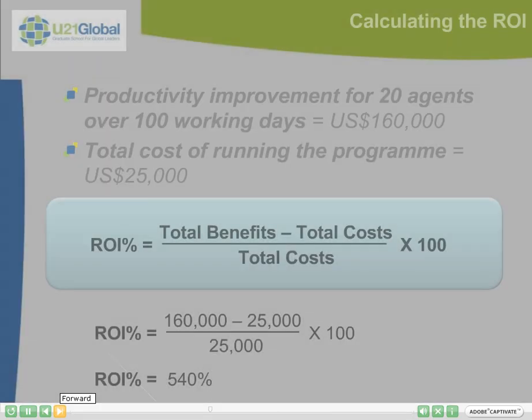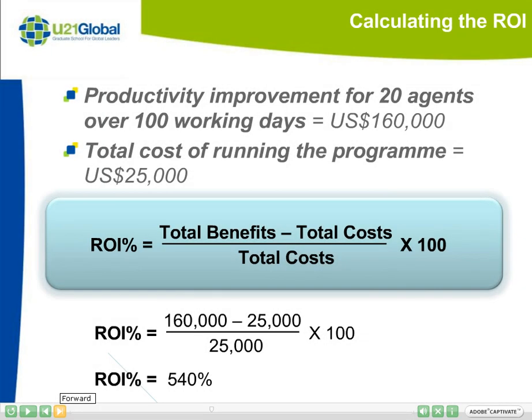Now, given this productivity improvement, let's look at how we can actually calculate the return on investment. Let's assume the total cost of running the program was 25,000 US dollars. The ROI formula is quite simple. It's the total benefits minus the total costs, divided by the total costs, times 100.